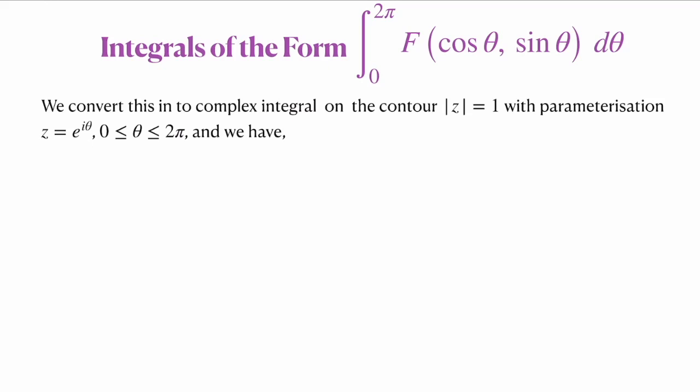Now we have integral 0 to 2 pi, and dz can be written as i into e power i theta d theta, and cos theta can be written as e power i theta plus e power minus i theta divided by 2. Same way, sin theta can be written as e power i theta minus e power minus i theta divided by 2i.